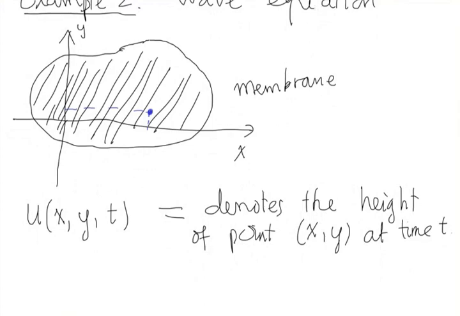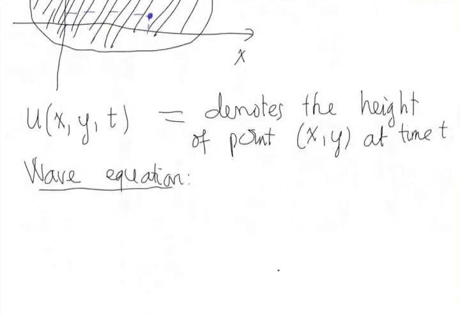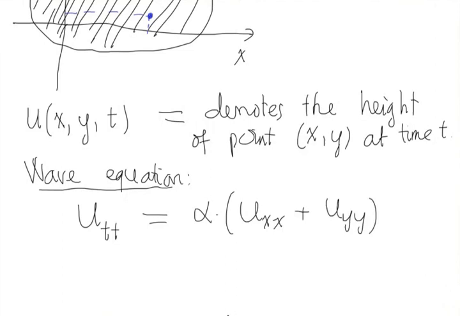Then we have the equation. Very similar to the heat equation, but this time we have a second derivative of u in t. So u sub tt equals alpha times u sub xx plus u sub yy, and alpha is a constant.